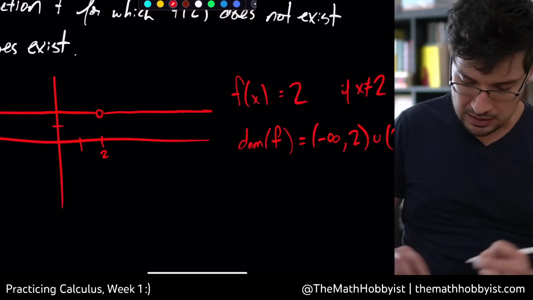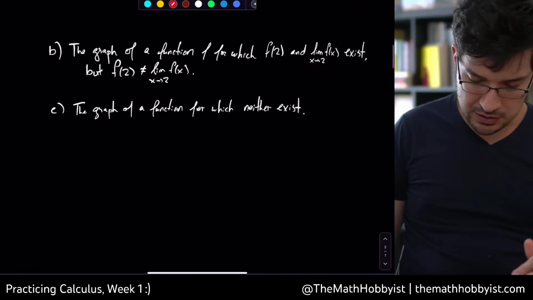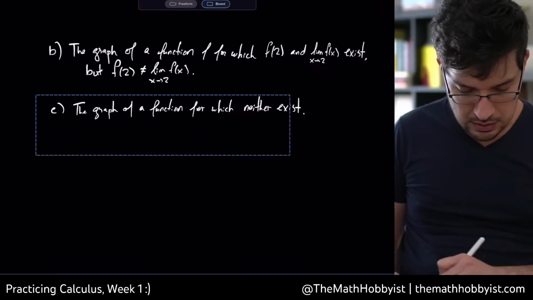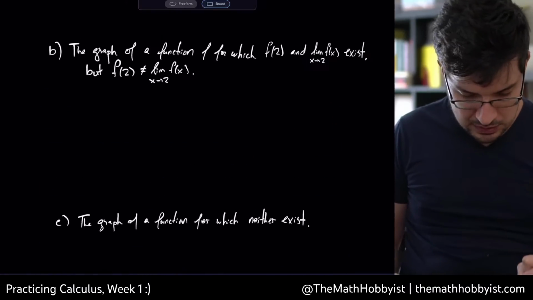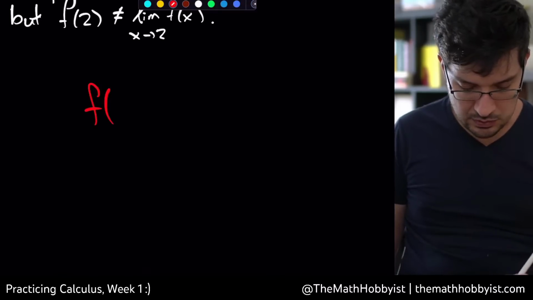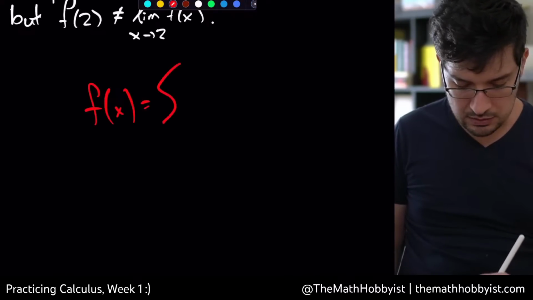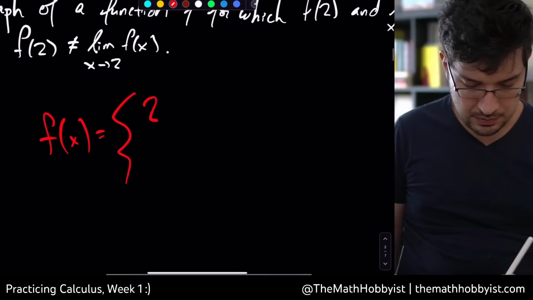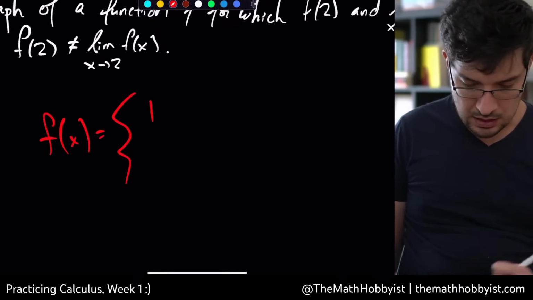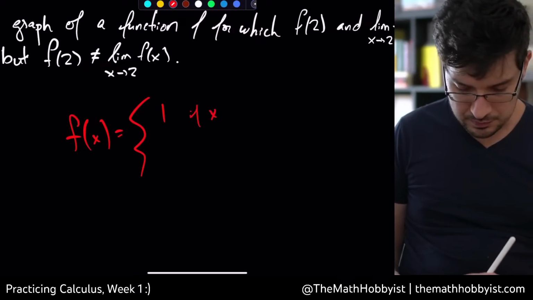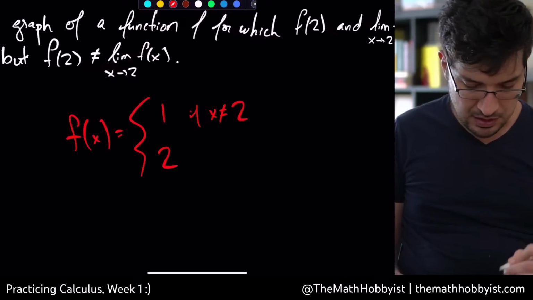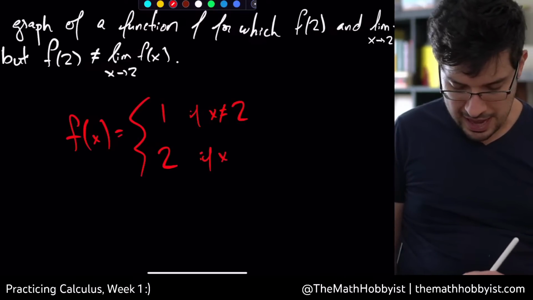Let's move on. Graph of a function for which both exist, but they don't equal each other. Again, the simplest thing we can think of. Let's make that, in this case, what I was trying to define a moment ago. I don't know, let's use 1 if x does not equal 2, and maybe it's the number 2 at this point.